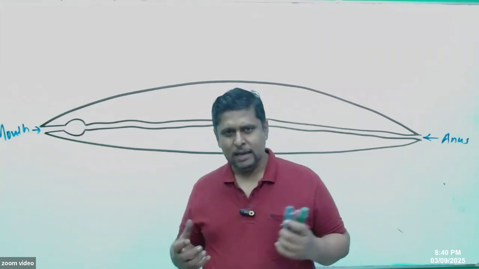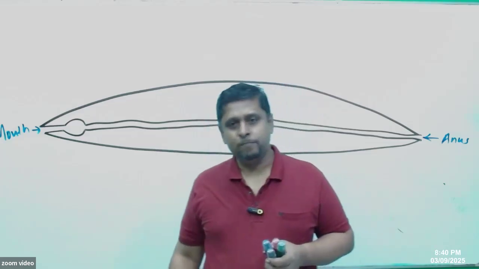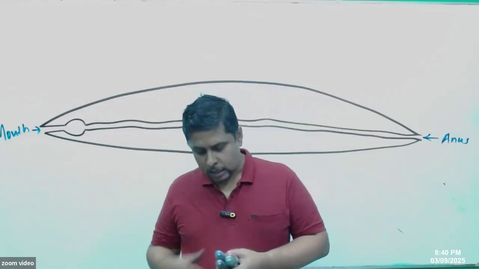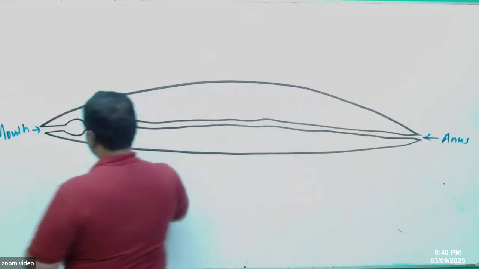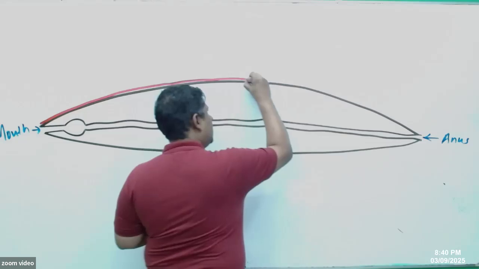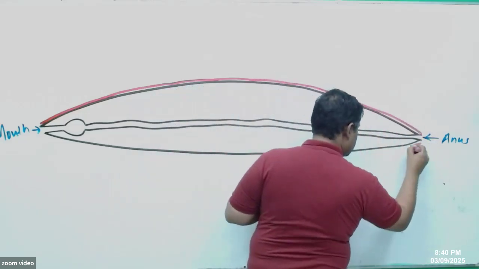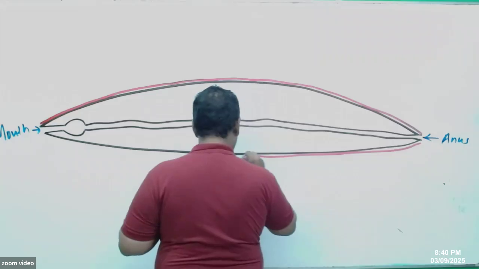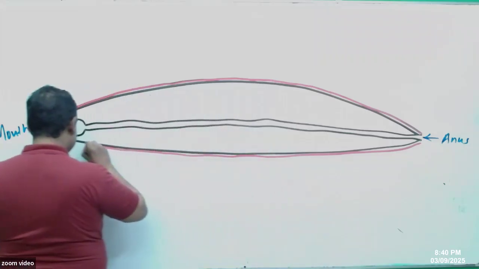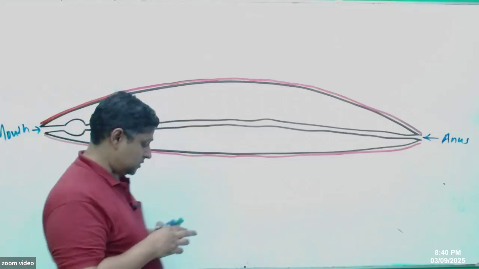Then people, they have a body cavity. Inside they have a fluid-filled space. We call it a pseudocoelom. Body cavity present. Thick cuticle present. They have a thick cuticle so that they can live in harsh conditions, so they can resist. They have some sensory structures.